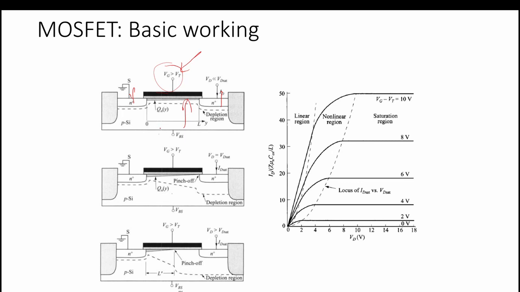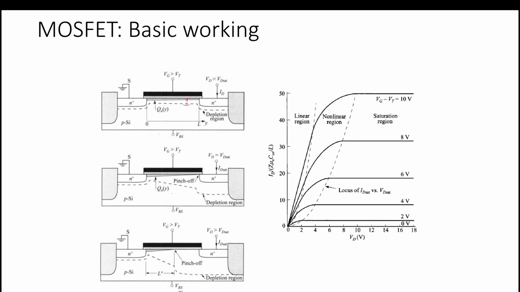This was the P type. As we apply positive voltage here, it will repel the holes from the junction, so initially there will be a depletion region. The dotted line you can see is nothing but the depletion region, and this is its width.